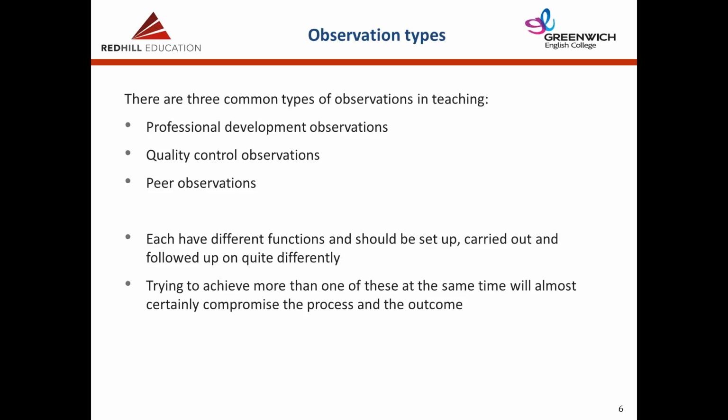And one of the most common mistakes, in my experience of going into schools and seeing their observation practices, is trying to use too many of these at one time, trying to overlap and classify a professional development observation as a quality control, or cross-match the techniques that you're using within them. And that's something that I'm going to try and clarify right now.